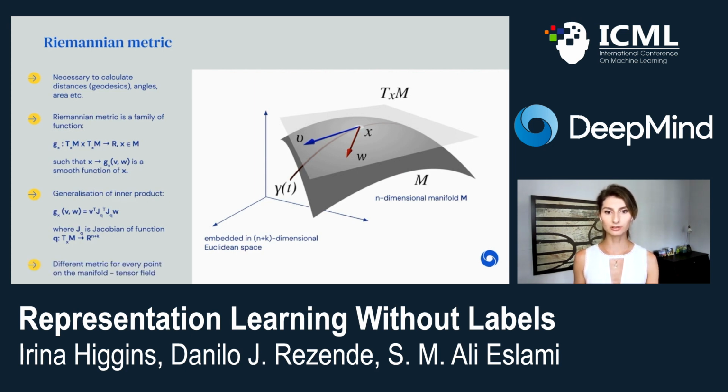Given that the manifold curvature may be different at every point, the tangent space will also be different, and so will the metric. Hence, while on flat Euclidean manifolds the metric is the identity, if we want to calculate distances on a curved manifold, we need to know the full tensor field of the Riemannian metric at every possible point on the manifold.